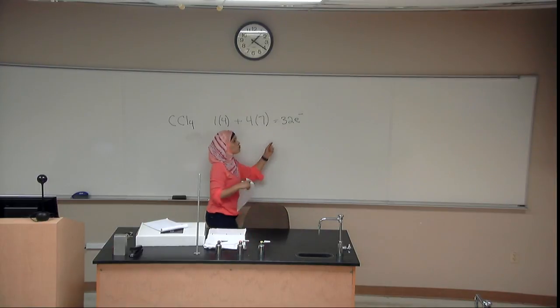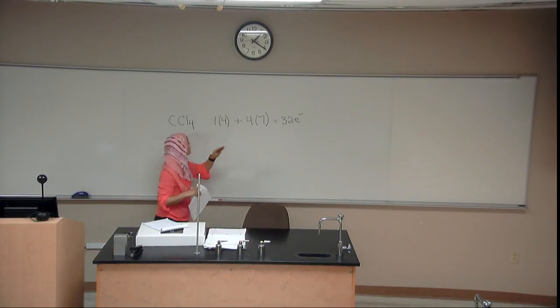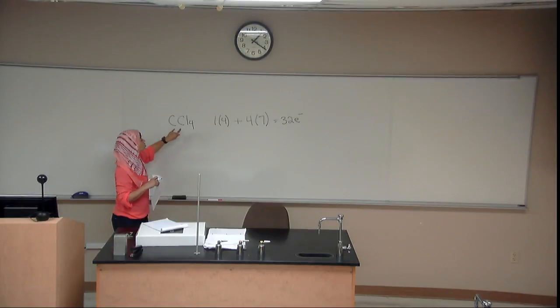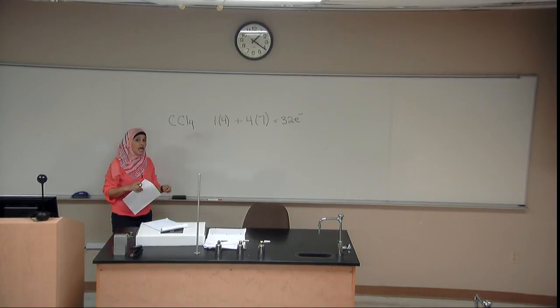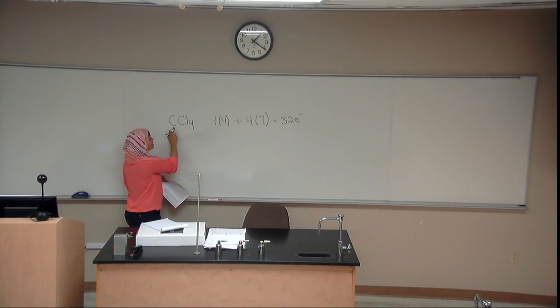Now, having these 32 valence electrons is like having $32 in the bank, and we've got to share these 32 electrons between these 5 atoms so that everybody is happy and can satisfy the octet rule.